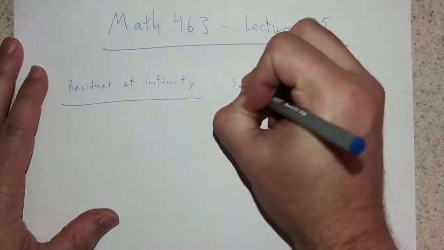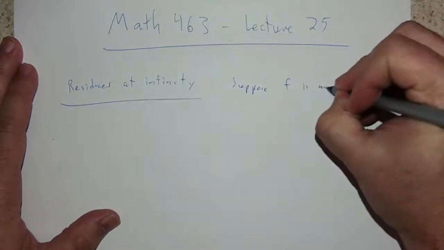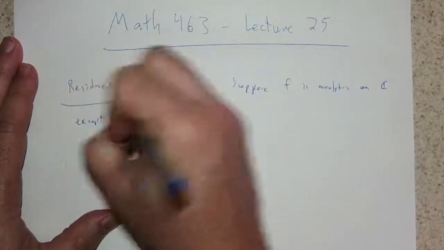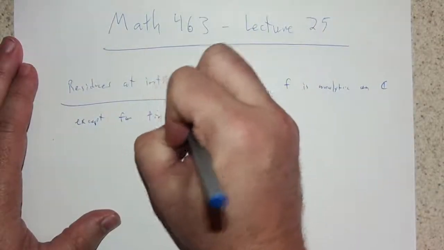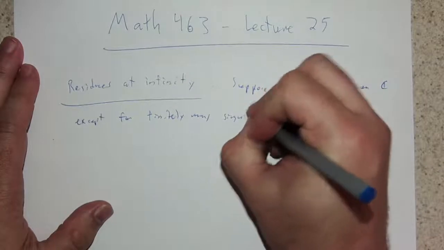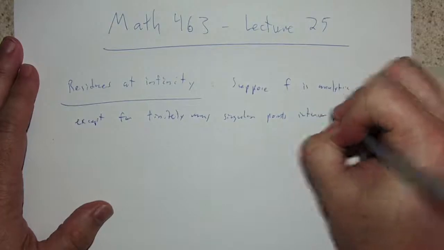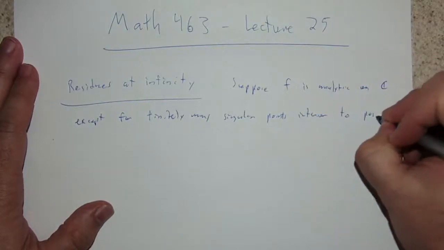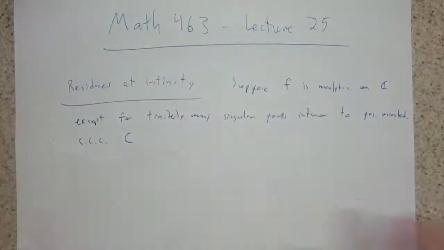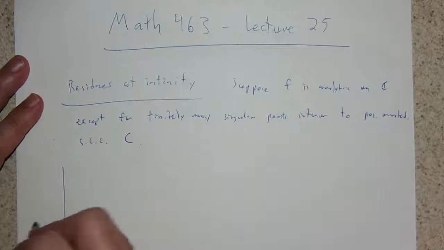So suppose that our f in question is analytic on C except for finitely many singular points interior to a positively oriented simple closed contour C. Okay, so our typical picture.